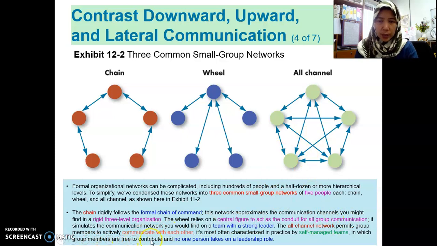Group members are free to contribute, and no one takes on the leadership role.